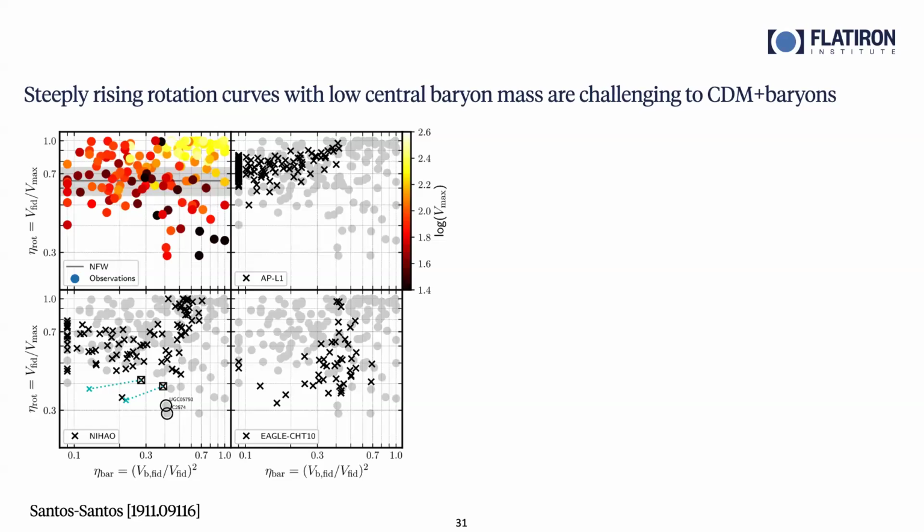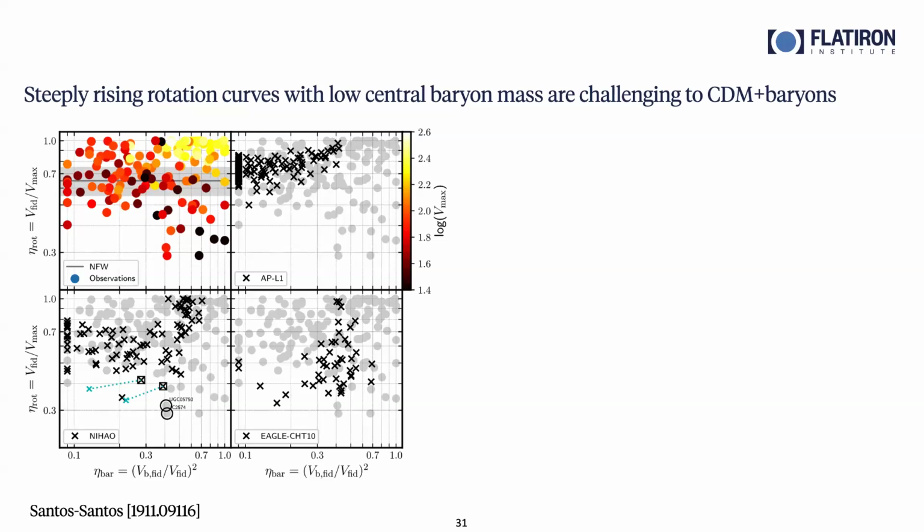Okay, so these ones make sense. These ones are kind of weird in this picture, in this spherical symmetry intuition. They have low central baryon mass fractions, but they're more steeply rising than NFW. And Sanchez basically shows that in any of these different models of star formation, I can't produce these objects. They're hard to produce. And so somebody who is an advocate for core collapse SIDM would say, oh, I can produce these things.